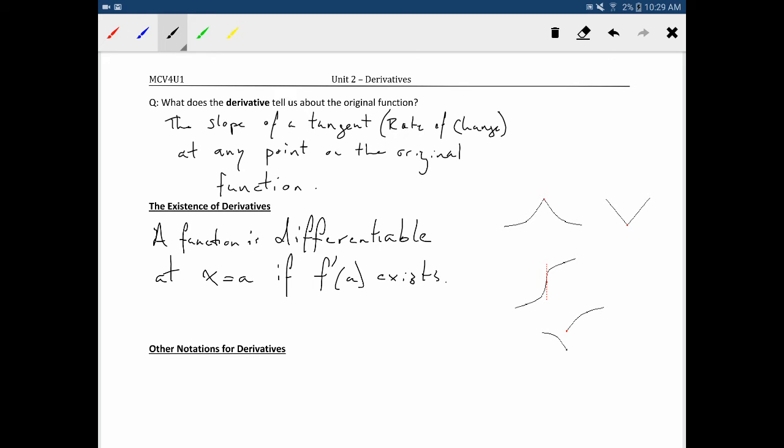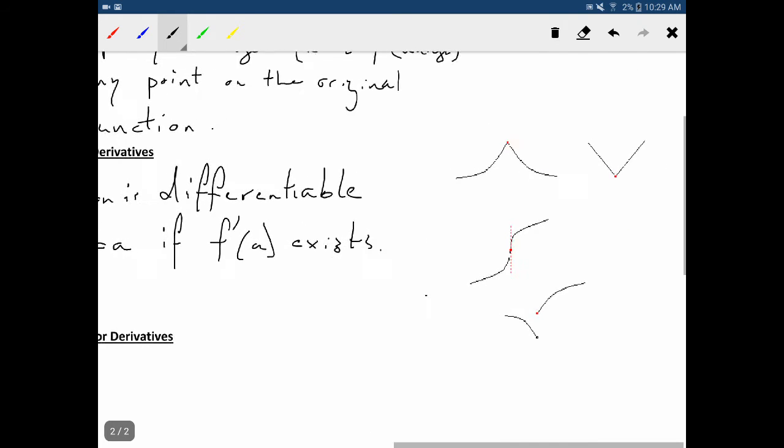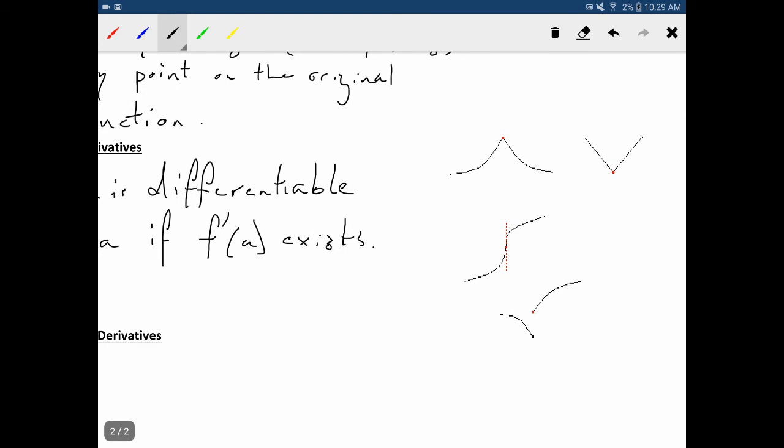Okay? So if we take a look at these examples here, we've got 4 examples, all of which the derivative does not exist at a given point.